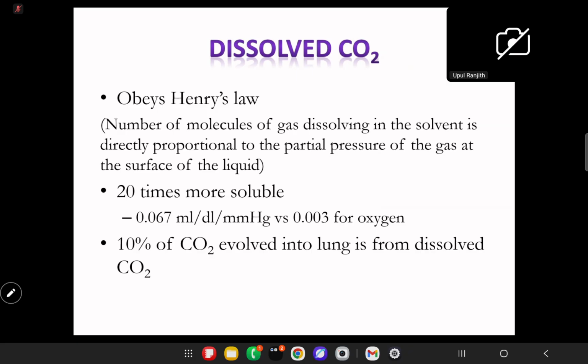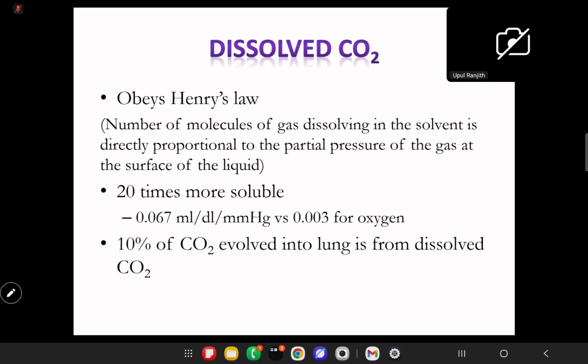So I told you that carbon dioxide is more soluble, 20 times more soluble than oxygen, right? 0.067 ml per deciliter per millimeter of mercury versus 0.003 for oxygen, right?